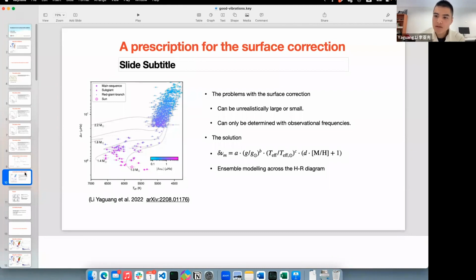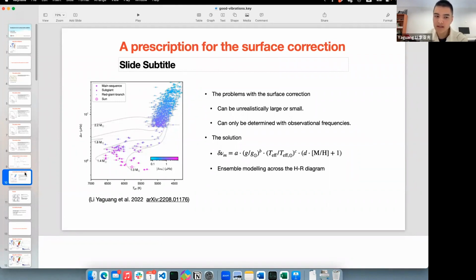And on the other hand, we also know that even for only 1D stellar models, if you use different kinds of surface boundary conditions, then you will get very different amounts of these surface correction values. So that's another complicating issue here. So I guess it is not that easy to directly compare the absolute value of these surface correction values.